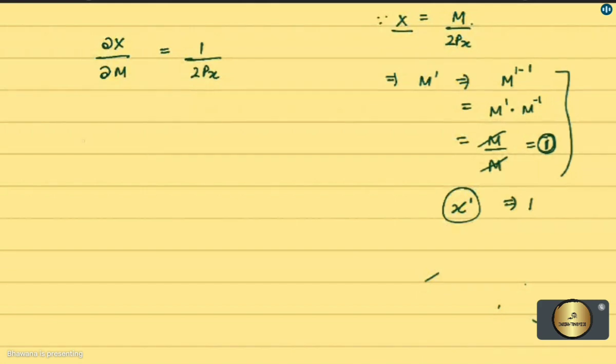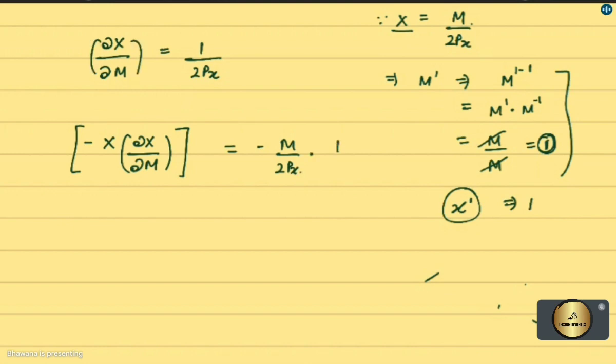Now your overall income effect based on this Slutsky equation is written as x del x by del m. So we have to make an expression based on this. You know your x equals m by 2 px, and now you have the expression for this, so you can write it here.